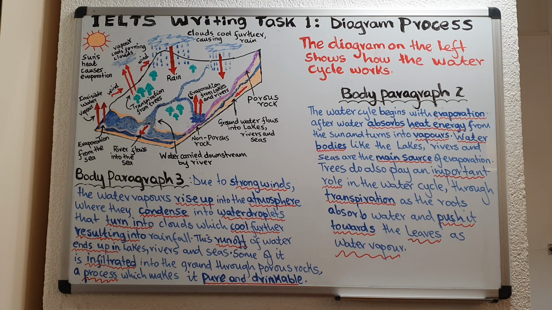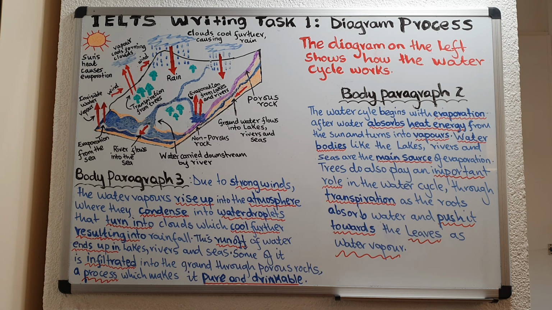Okay, so this runoff of water, so we are talking about the rainfall. This runoff of water, so the rainfall that has just poured on the ground, it ends up in lakes, rivers, and seas.